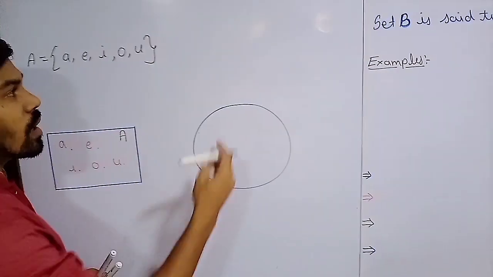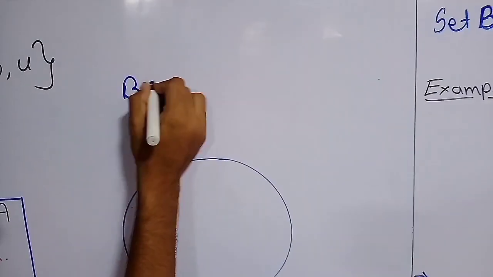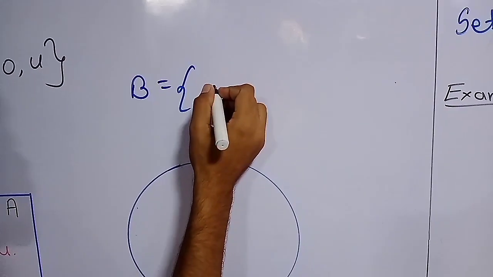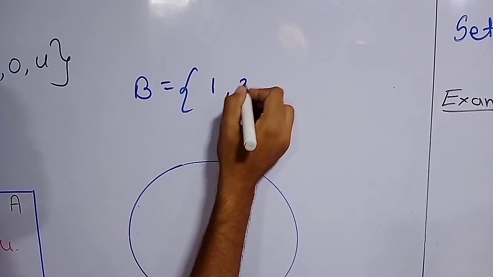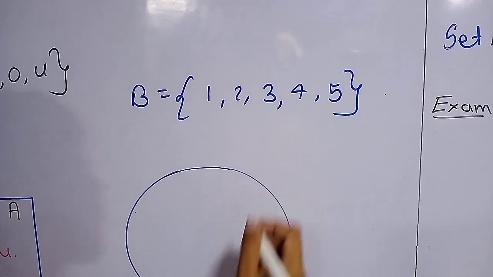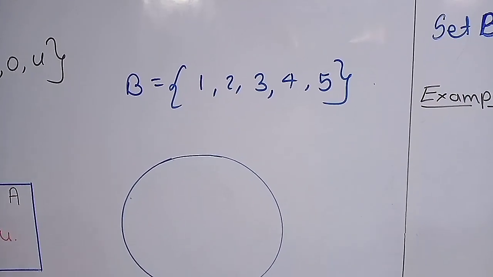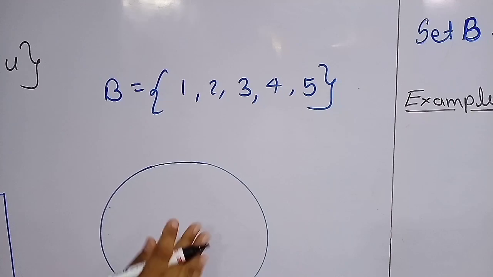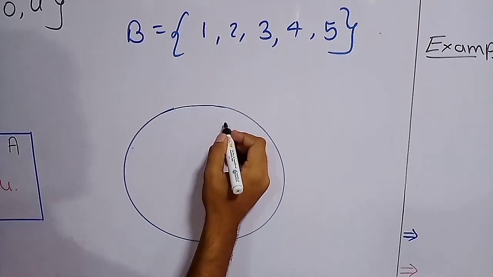Take another example. Set B is equal to, suppose we have a few numbers like 1, 2, 3, 4, 5, the natural numbers till 5. Again we want to represent it by a diagram. Here we use a circle.